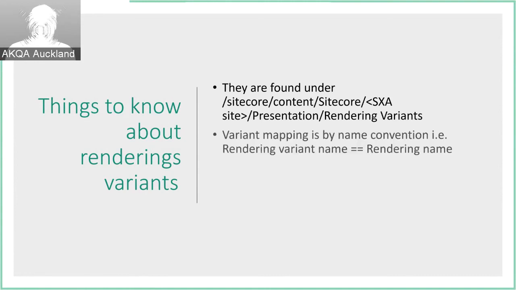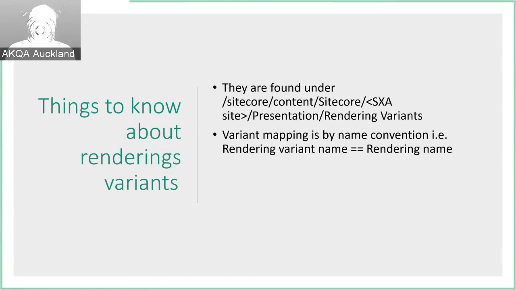Other thing is that rendering name is equal to the rendering variant name. There is no mapping from the rendering itself to the rendering variant. From the rendering, you cannot say, okay, use this particular variant. They have made it by the naming convention. But it's not just that.